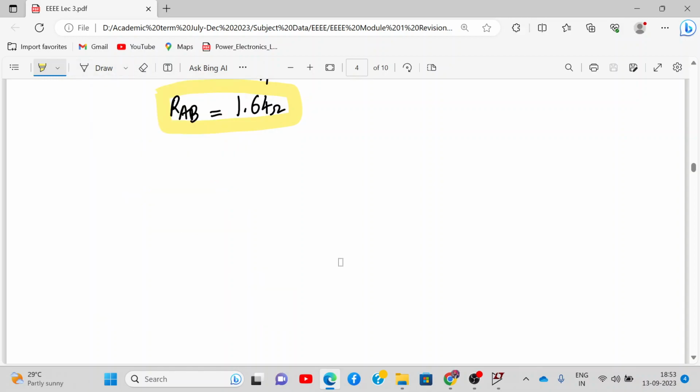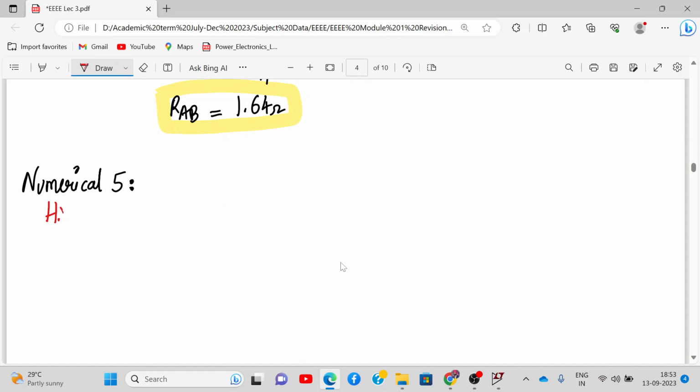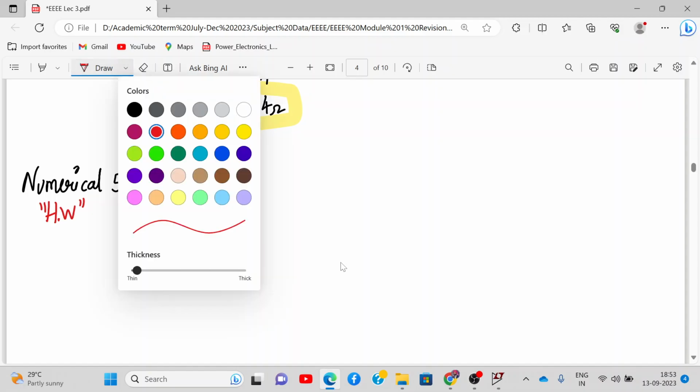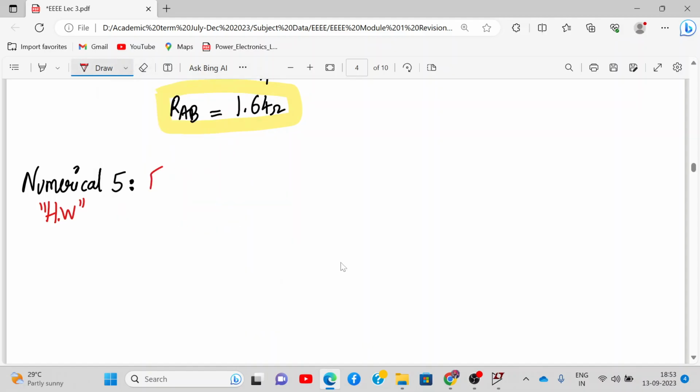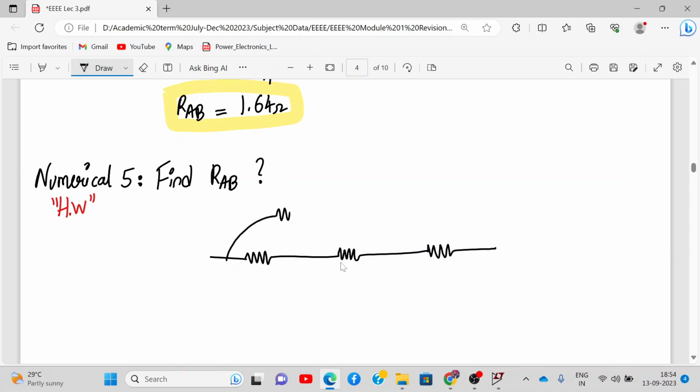So this is numerical number 5, and this is for your home assignment. So note down the circuit. Find the equivalent resistance between terminals A and B. That means find RAB. And this is my circuit.